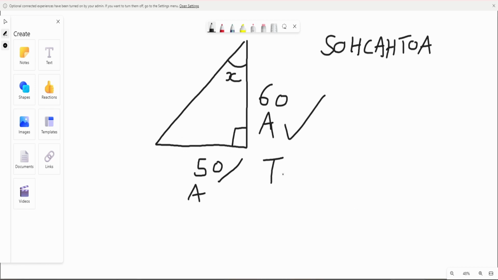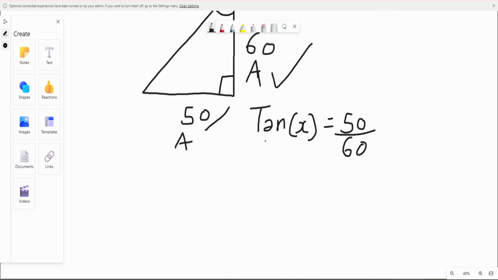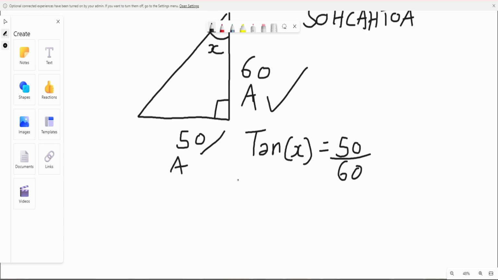So let's write it. Tan of x, we do not know x in this case, is equal to 50, which is the opposite, divided by 60. And what you're going to do is take the inverse tan. When you take the inverse of something, you cancel it out.